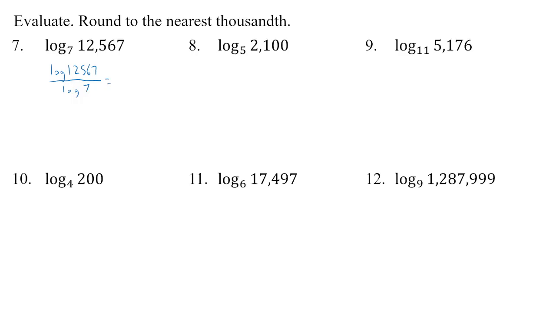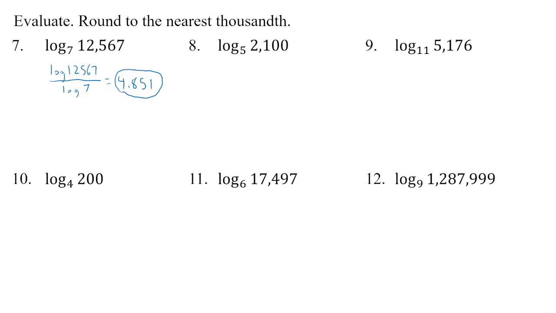We put this in the calculator, and you will get 4.851. They want you to round it to the nearest thousandth, which is 3 decimal places.